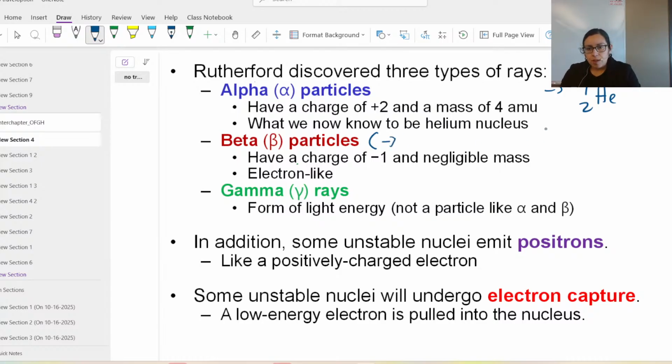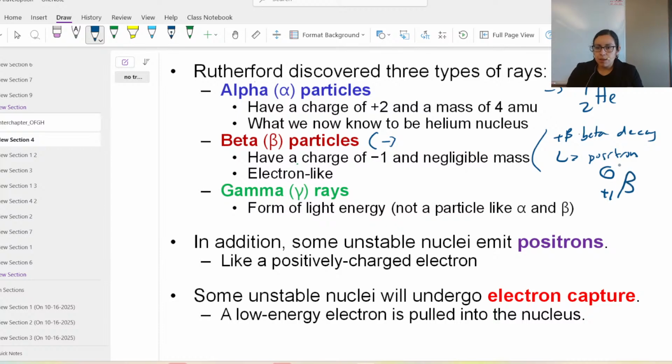But there is also technically what's called positive beta decay, which might also be known as a positron. Depending on your source, they may lump them all into one or separate categories, so just be aware of that. That would be the positive beta symbol decay versus the regular beta particle.